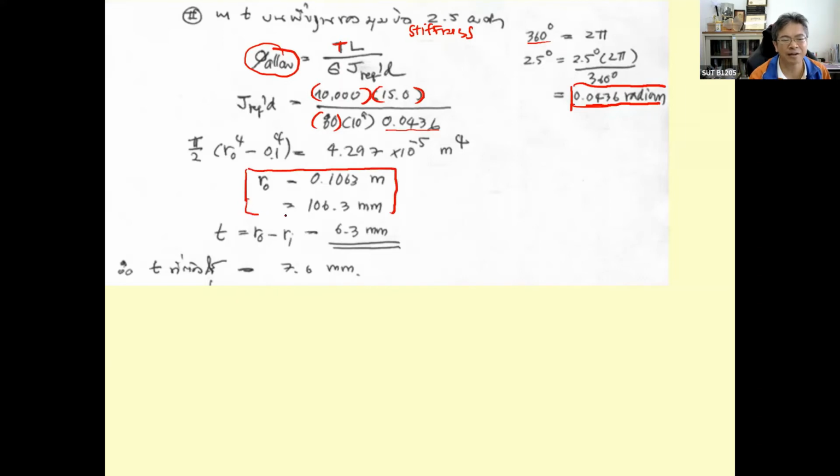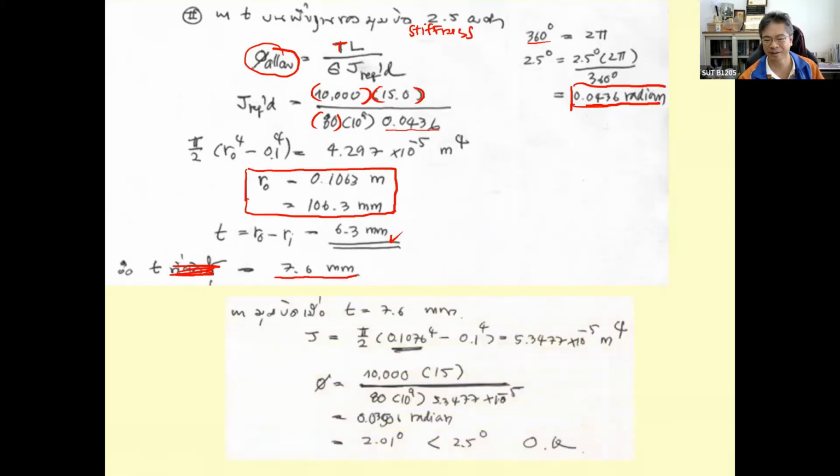This one is going to be 106.3 outer radius, and then the thickness is 6.3. So the thickness that we are going to use is going to be the maximum one. So you use 7.6 millimeter, and following this, you can check the thickness of 7.6 millimeter.